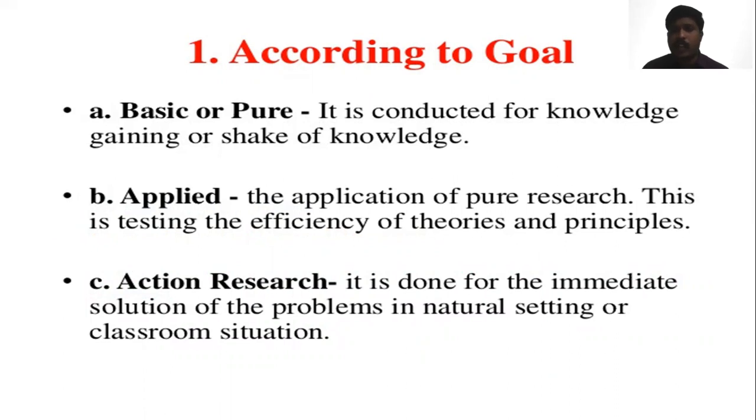It is nothing but the application of pure research. That is application of the knowledge, the theories and the principles. What is action research? Action research is done for the immediate solution of the problems in the natural setting or classroom situation. We can take finding the vaccine for corona. It comes under action research, and also it can be termed as applied research.